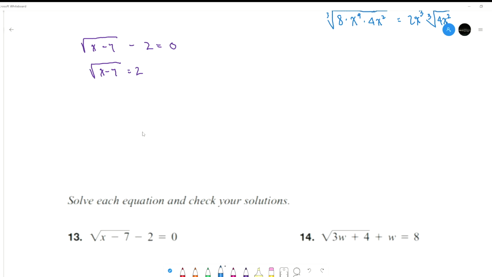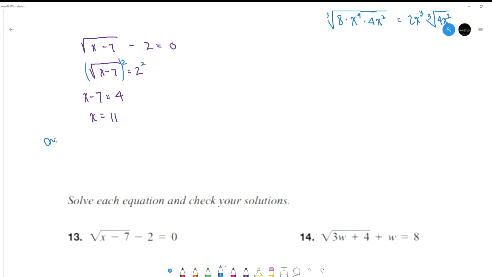Now, we can square both sides. So when you square an entire side like that, the radical will cancel out, and you have just the radicand left over. X minus 7 is equal to 2 squared is 4. Lastly, we add 7 to both sides, so we get x is equal to 11, and check our solution, right? We have to check. If we don't check, we're potentially in big trouble.